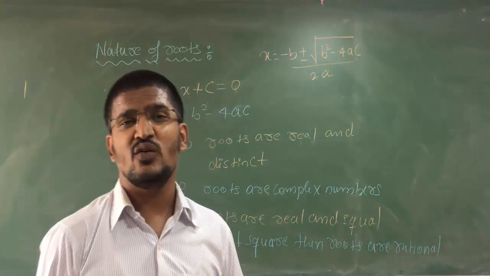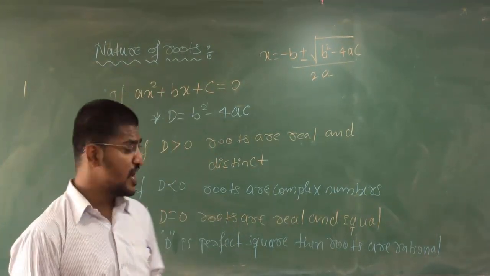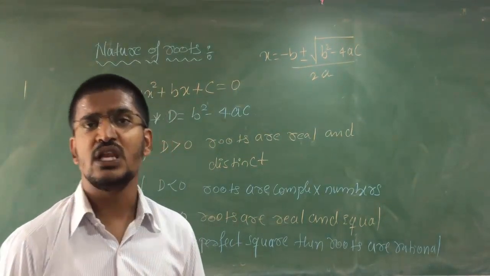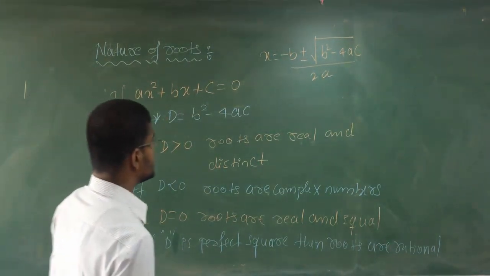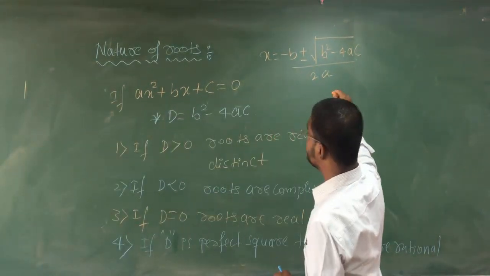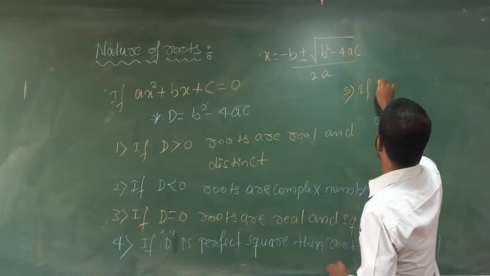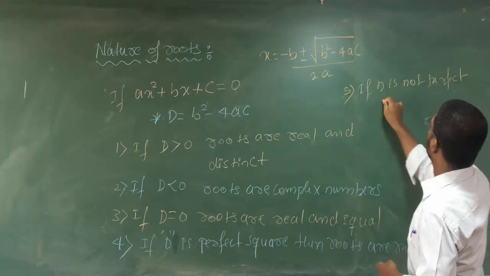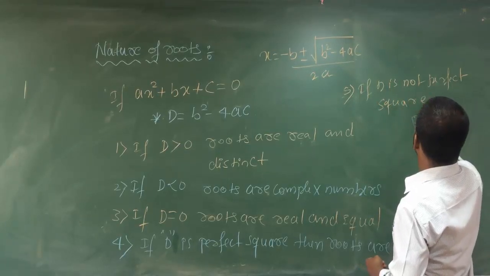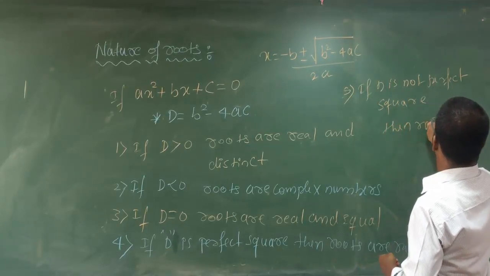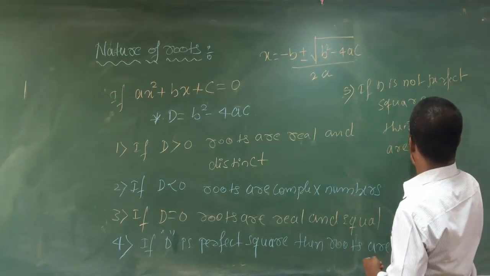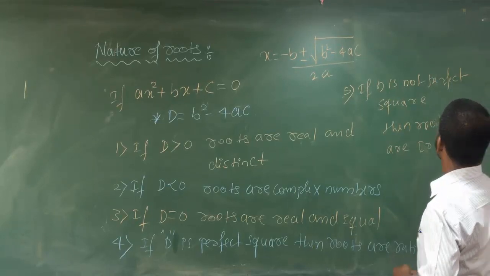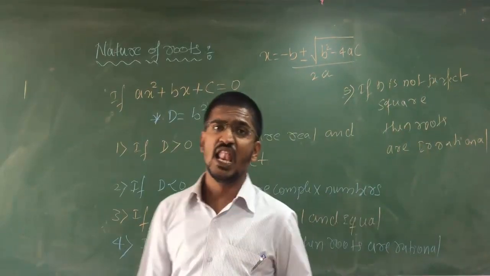Now you may get one doubt. What about if they are not perfect square? What you are going to have? Clear? If the D is not perfect square, then the roots are irrational.